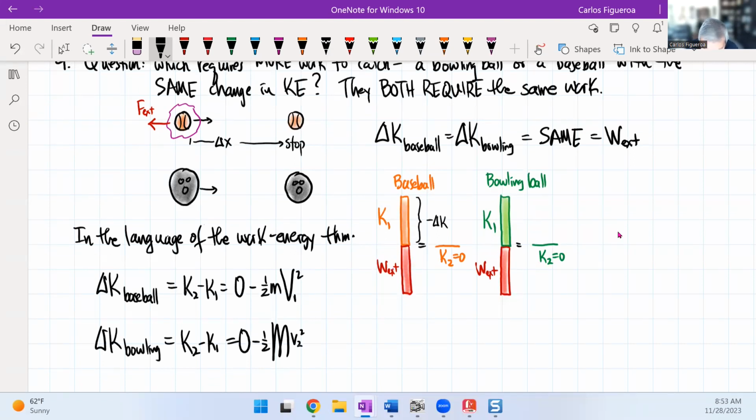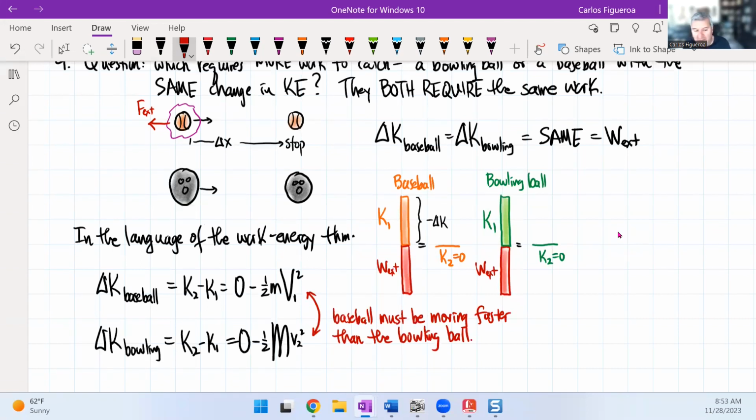That is the only possibility. So we can then say that the baseball must be moving faster than the bowling ball. How much faster? It depends on the mass values.